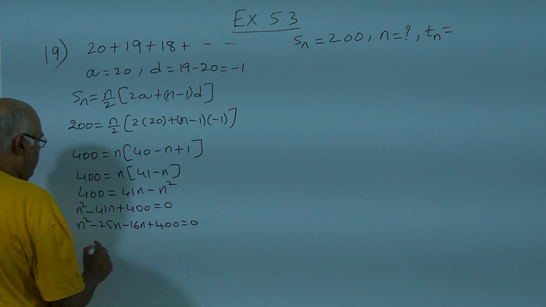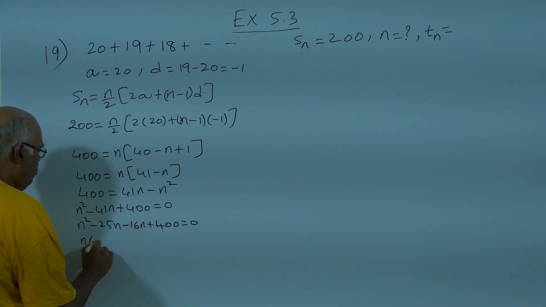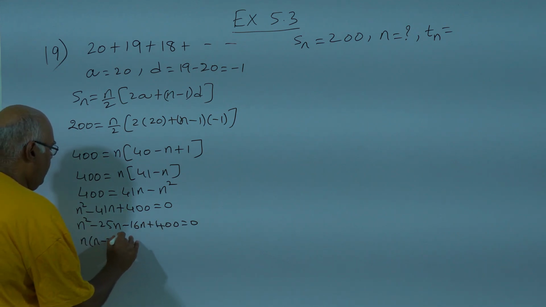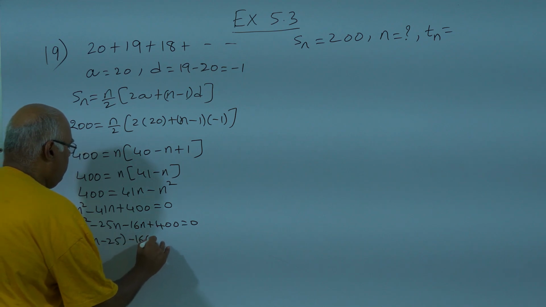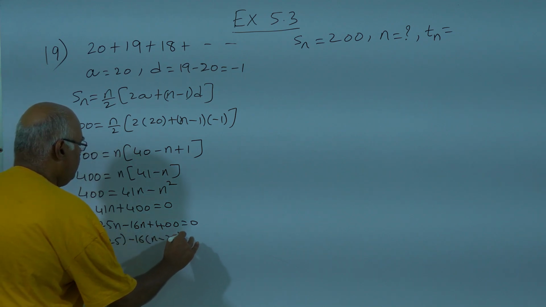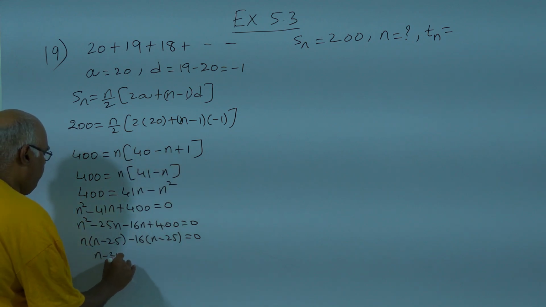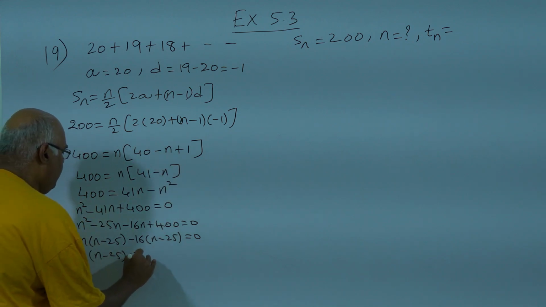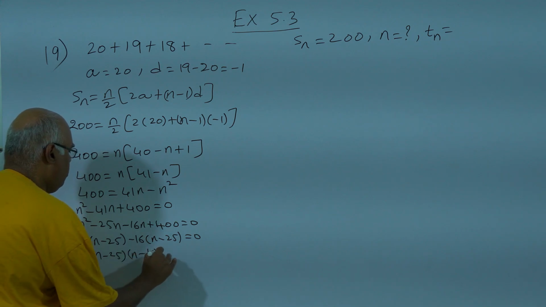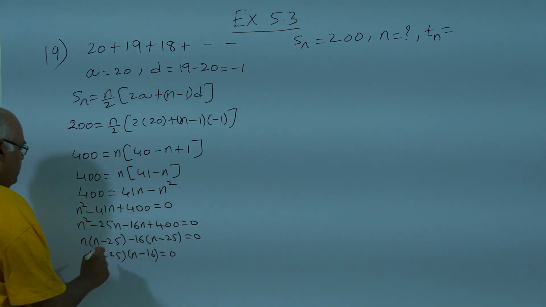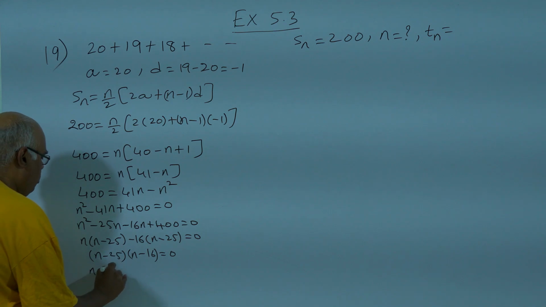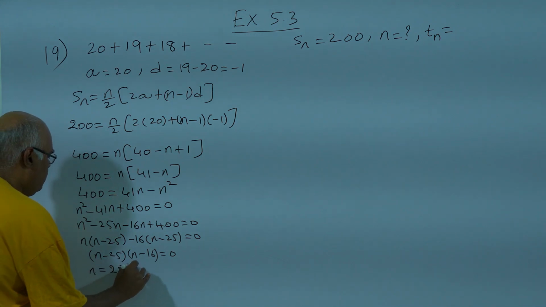So we get n into n minus 25 minus 16 into n minus 25 is equal to 0, or n minus 25 into n minus 16 is equal to 0. Therefore, n is equal to 25 comma 16.